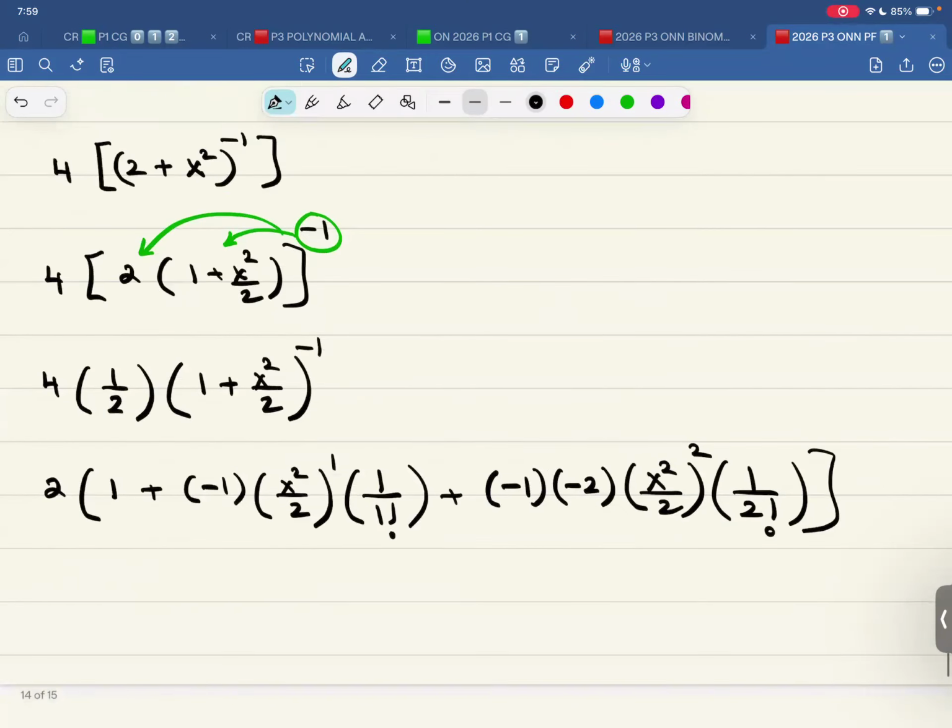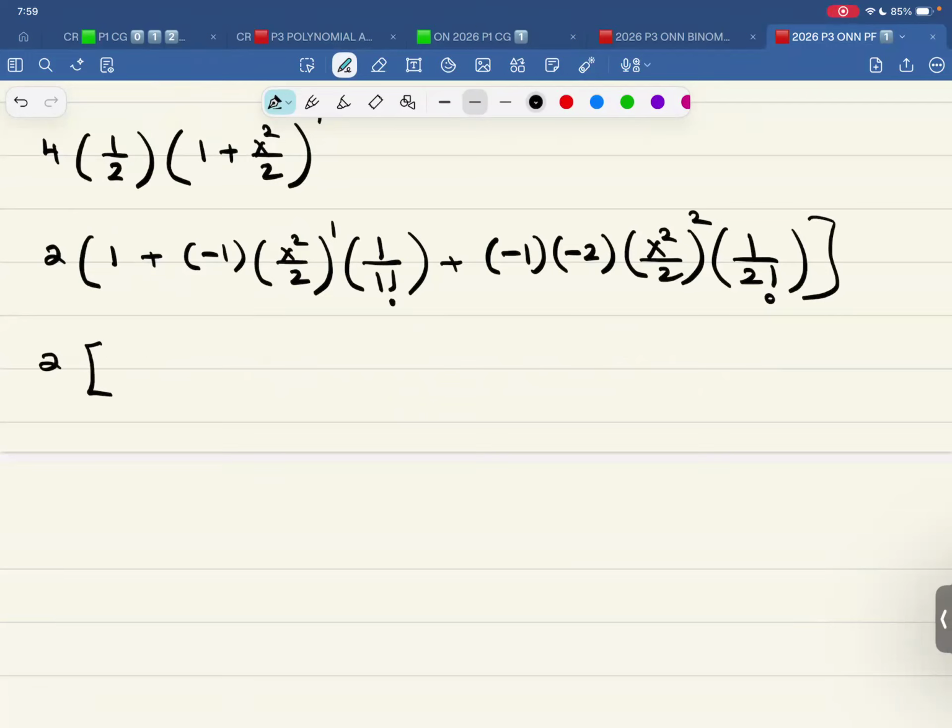This is 2 times (1 minus x squared over 2, plus x to the power 4 over 4). The negatives cancel out: this cancels with this, and these two cancel with this. This is positive, this is negative, and this is 1 minus x squared over 2, and this is x to the power 4 over 4.